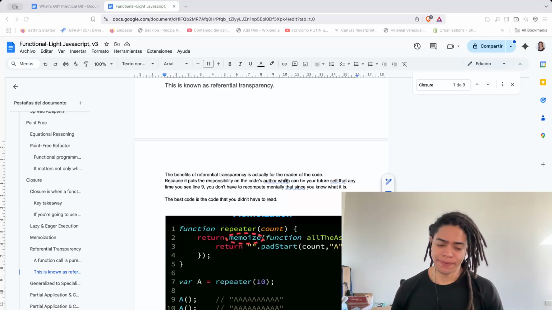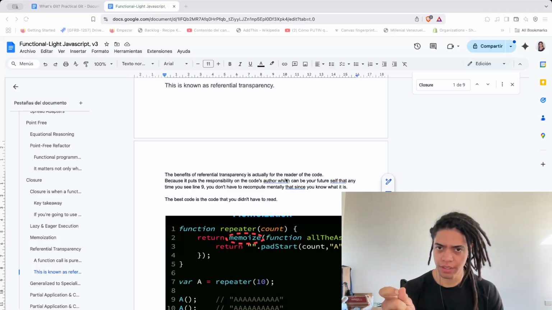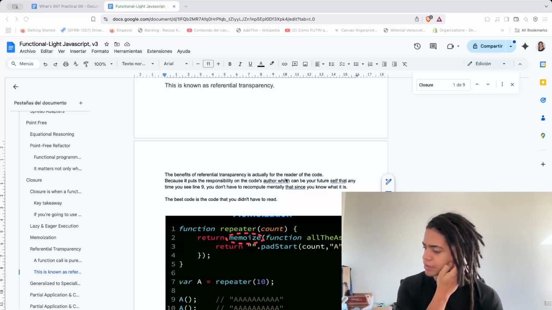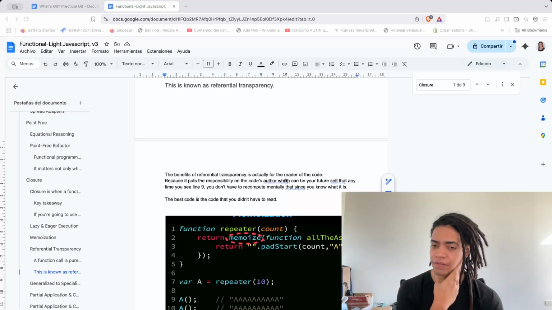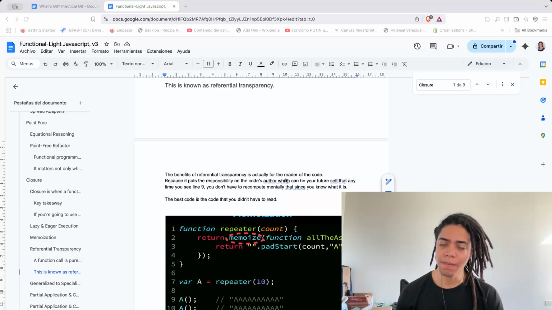it is all about, which is just a fancy way to say that anytime I call this function, if I can replace its return output and it won't affect the rest of the application, then this function is pure.